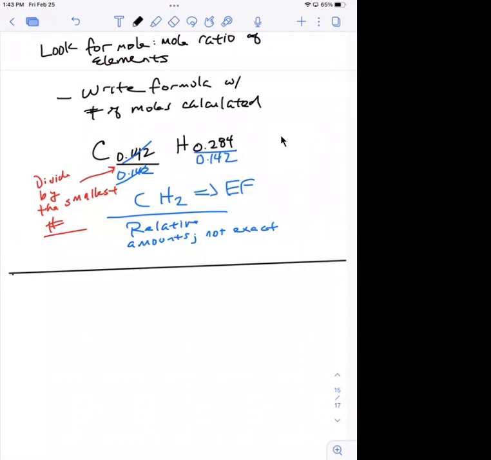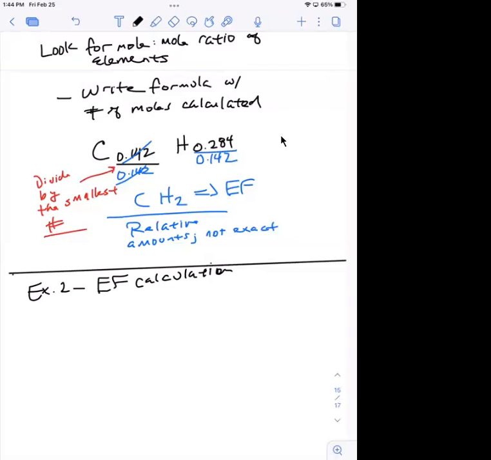We have another example that we're going to work through. This is an empirical formula calculation. Sorry. All right, so let's look at another example.